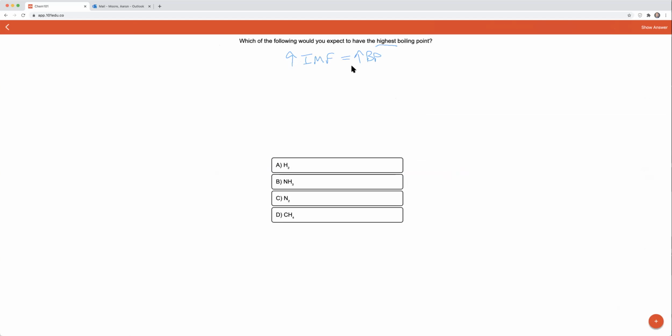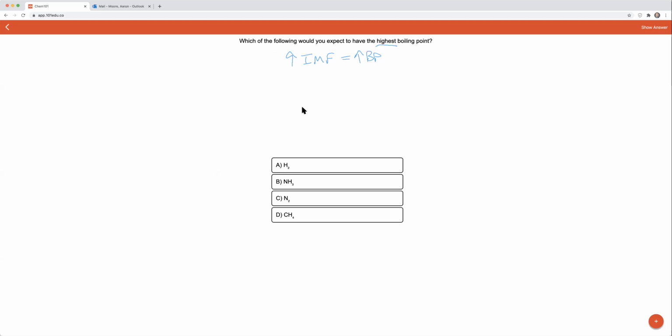To boil something, we have to put distance between the molecules. We have to give these liquid molecules, which are close together, enough energy to separate from each other and become gas molecules, which have a lot more kinetic energy. If there are strong intermolecular forces keeping those molecules together, it's going to require more energy. That's why the stronger the intermolecular forces, the higher the boiling point.